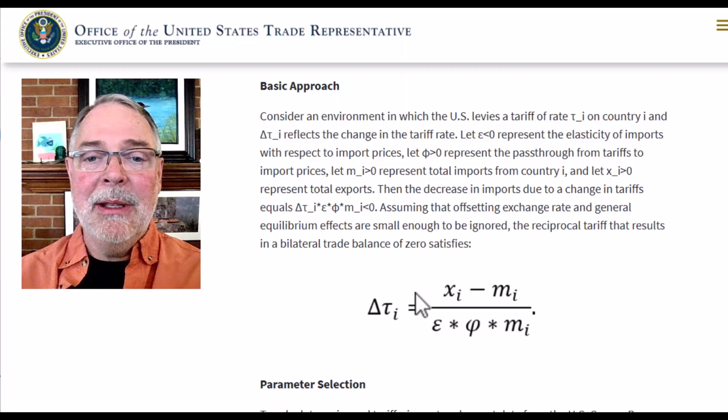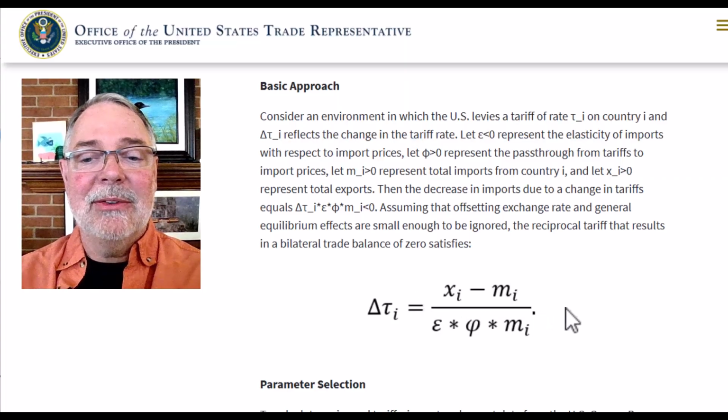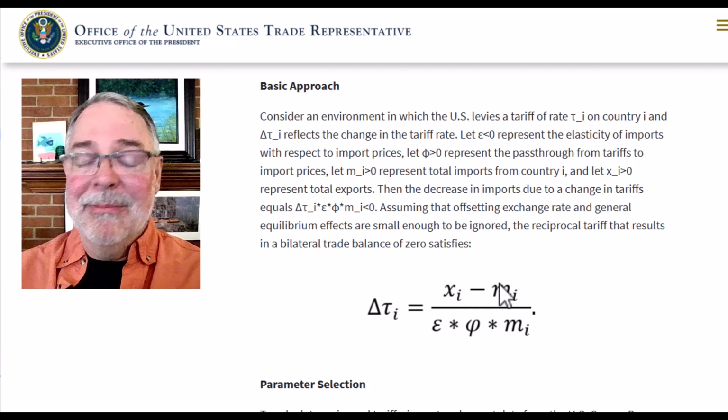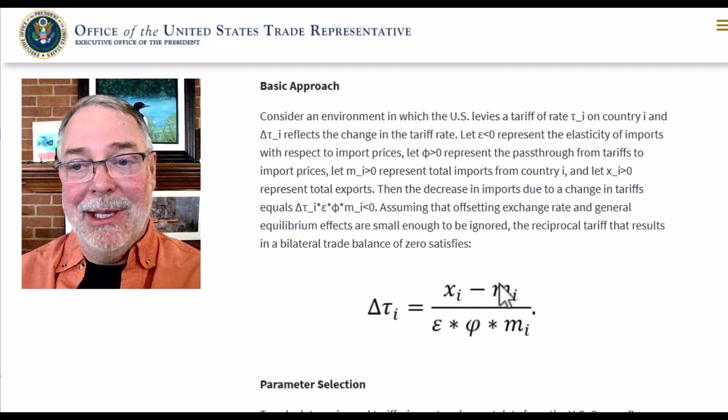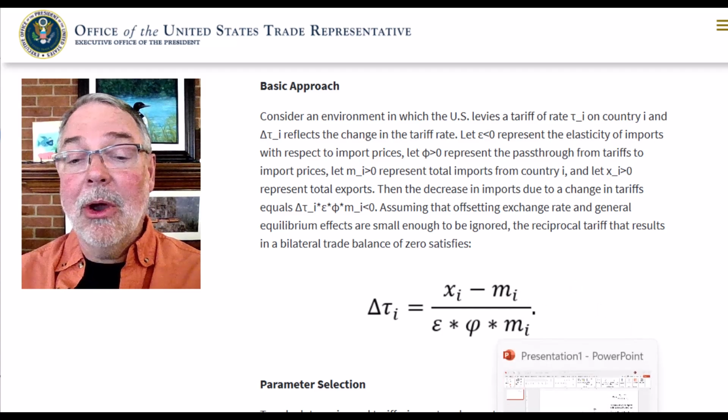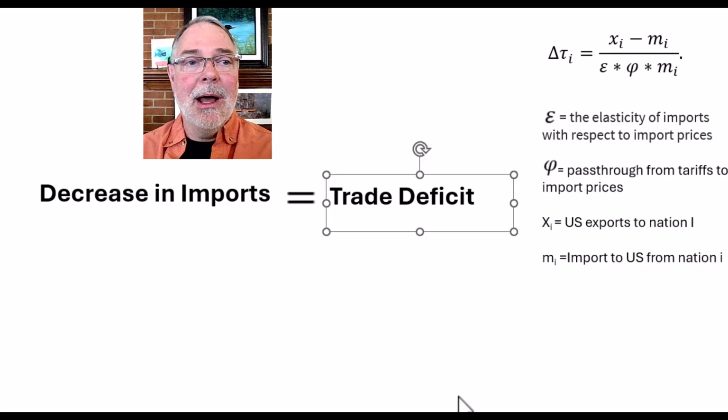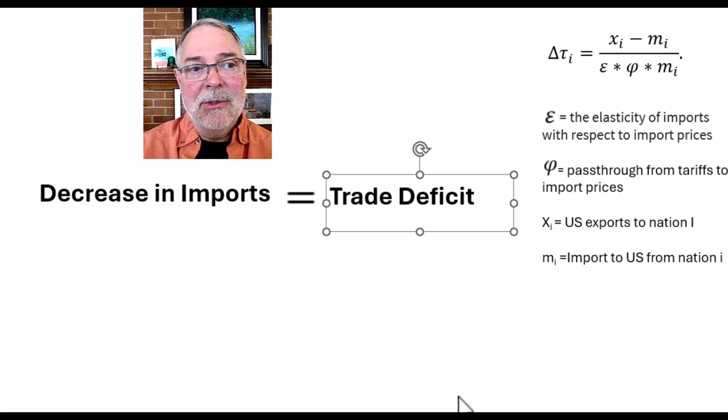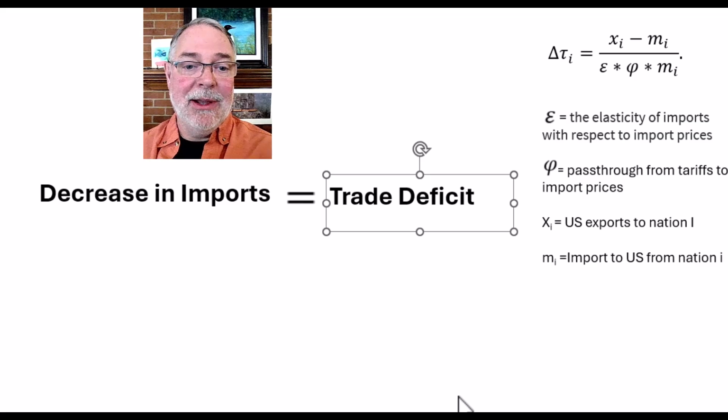And so this equation, I've looked at this and I'm certain that I understand how they got here. My argument is that they started out with the proposition, hey, what change in U.S. tariff rates will eliminate a trade deficit with a country?